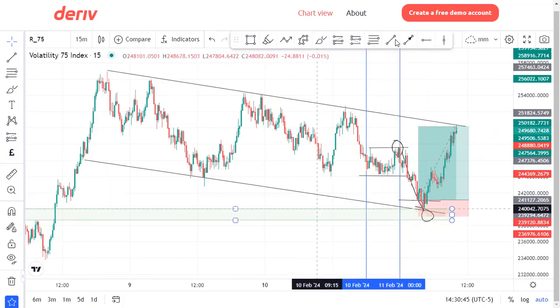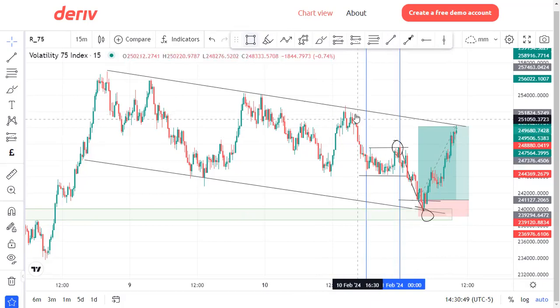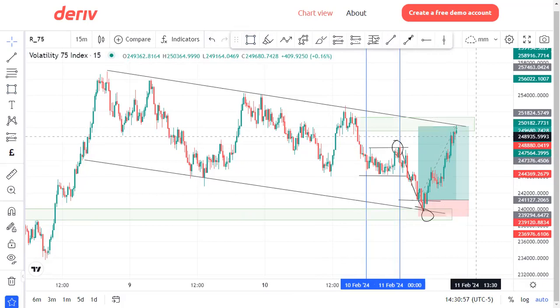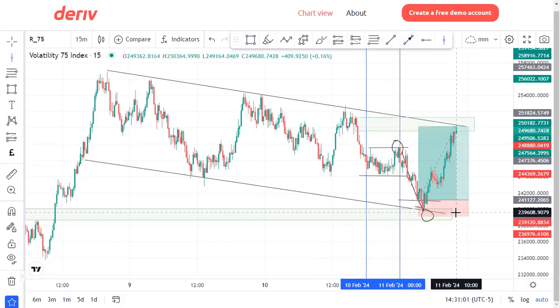What I'm looking at next on V75, because I've noticed it is on this order block here. So what I want to see is, I will follow this. It is already 10 a.m. in New York.